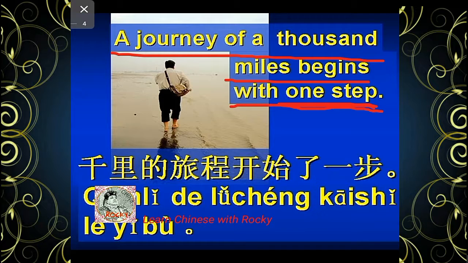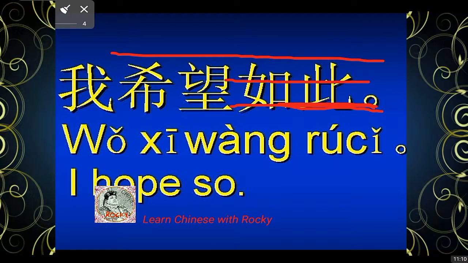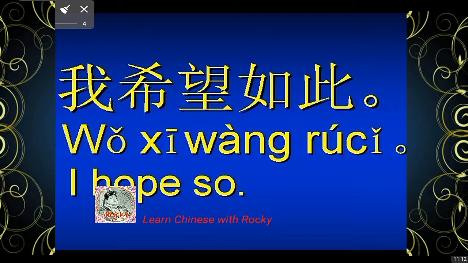Rocky will teach you one Chinese character at a time, and before you know it, you will know not only 1,000 characters. Your journey will be 2,000, 3,000, 5,000 characters. You see? That's what I want you to do. And I certainly hope so. I hope so that this is your success, okay?